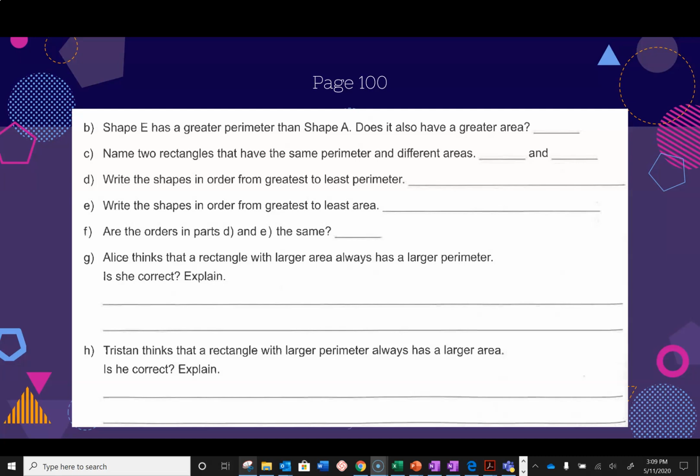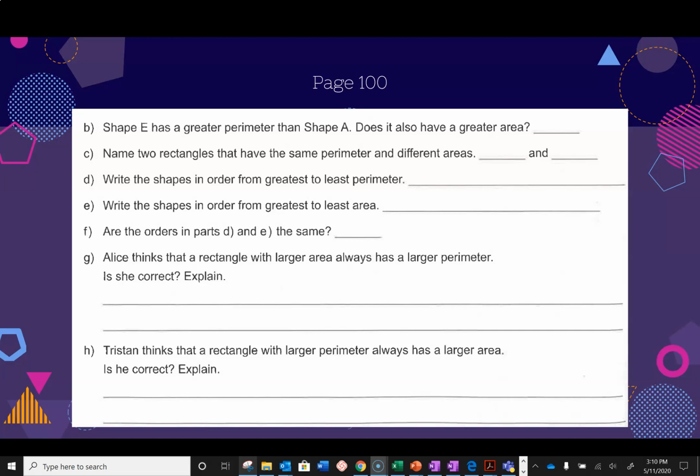C, name two rectangles that have the same perimeter and different areas. D, write the shapes in order from greatest to least perimeter. E, write the shapes in order from greatest to least area. F, are the orders in part D and E the same?